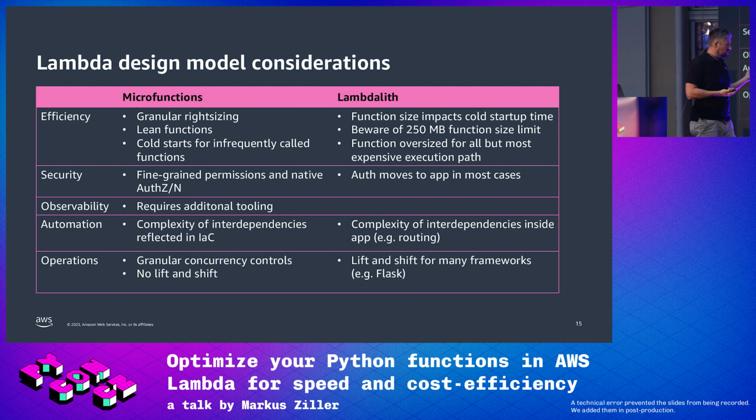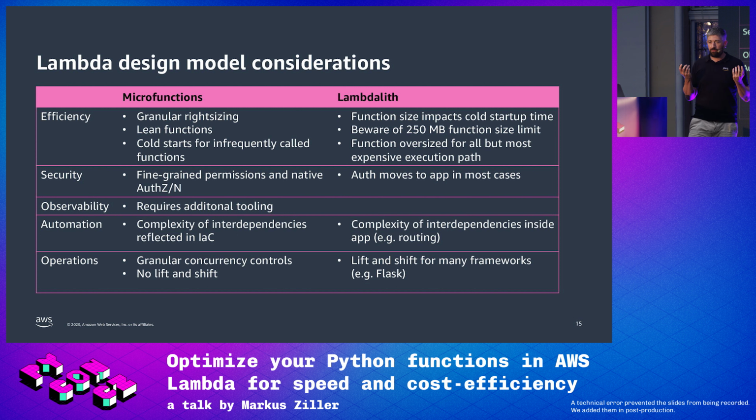When we talk about automation via infrastructure as code, what we see with microfunctions is that the complexity in your IaC templates is increased compared to the Lambda lift, because the interdependencies between the different components, you now manage in your infrastructure as code template. So if you have 10 Lambda functions, that's 10 resources in your CDK, CloudFormation, Terraform, whatever you want to use.